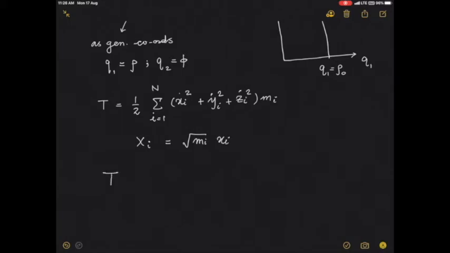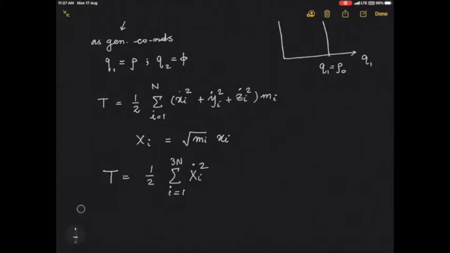Then only can you write the kinetic energy like this. If I have a system which is not acted on by any force, no constraints, then these xi's are my generalized coordinates. Because if there is no constraint, the number of independent degrees of freedom n equals 3n minus the number of constraints, and if there are no constraints, k is 0. So xi can be treated as the generalized coordinates.